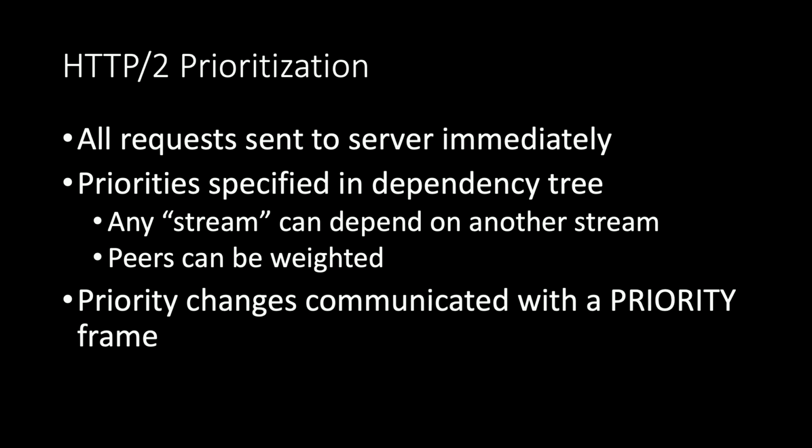And then, like the web font, or like in the case of Chrome, visible images in the viewport get a higher priority than below viewport images. It doesn't know that until it's done your layout, and so all images start at a low priority. Layout happens, and then Chrome sends a priority frame that says, oh, those 5 images I sent you before, they're high priority now, send them to me now.